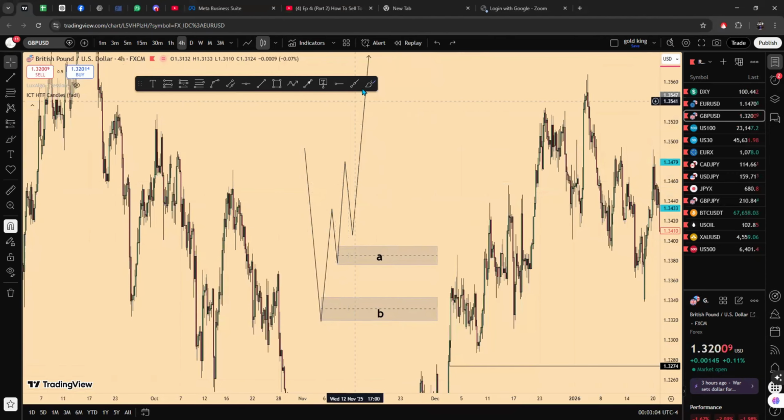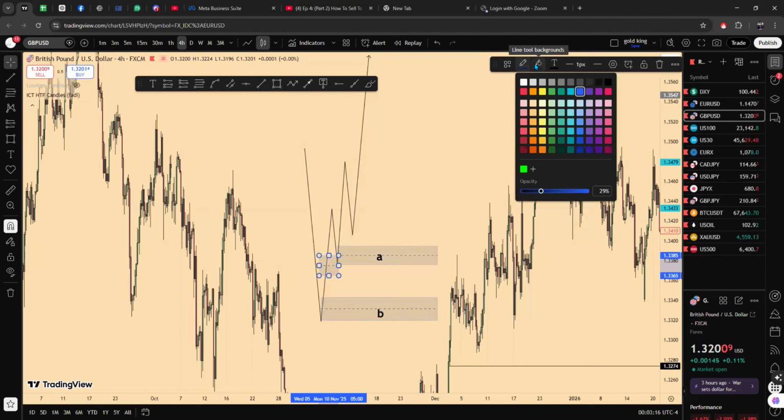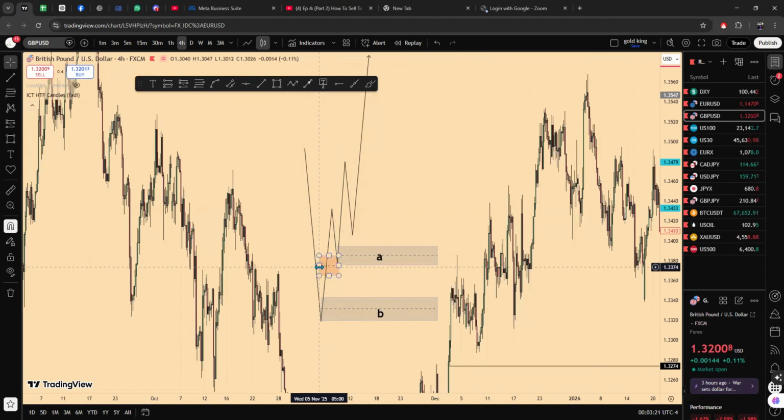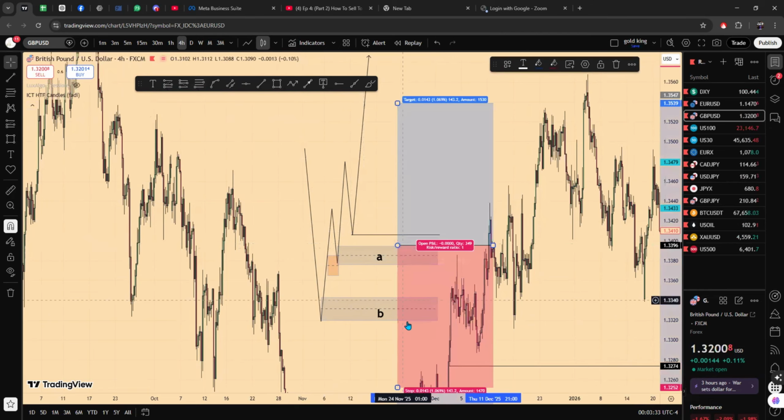If this pullback actually filled a liquidity here, like a fair value gap, then what is going to happen is that it's going to respect A. Why would it respect A? Because the point of interest of A fills the fair value gap, and then we have a close inducement to it. The market will respect A.